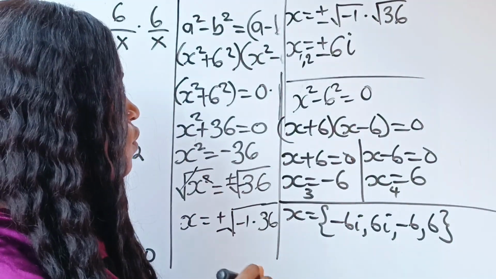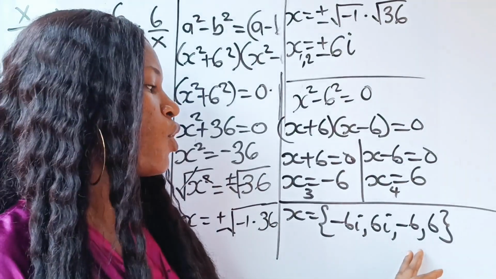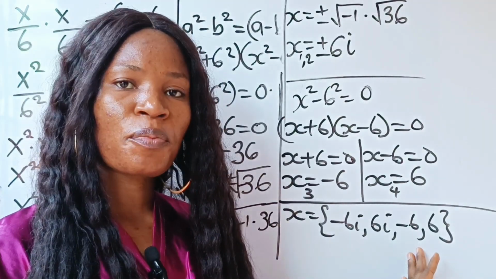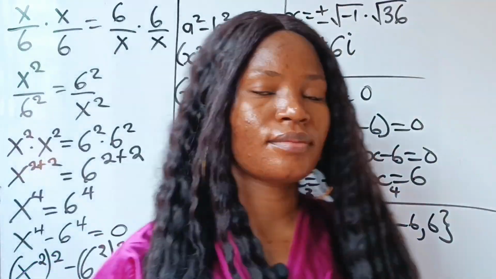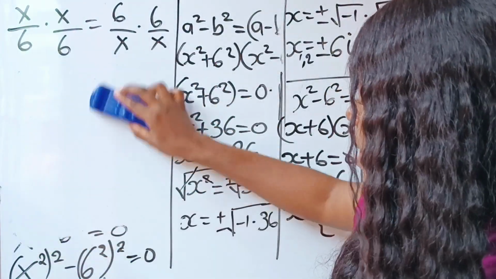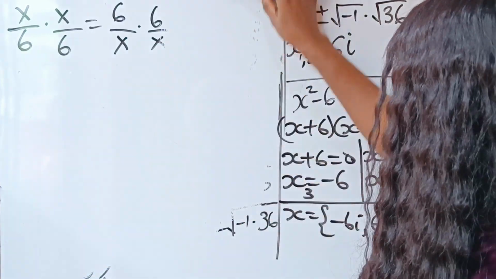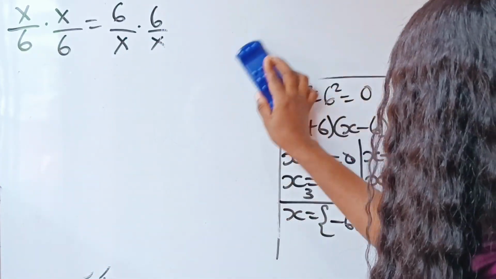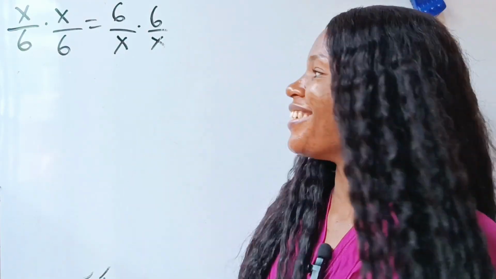Now we are going to prove that each of them is correct. I'm going to prove the imaginary part and I'm going to leave the real part for you to prove. Okay, now let's check. So this is the equation.